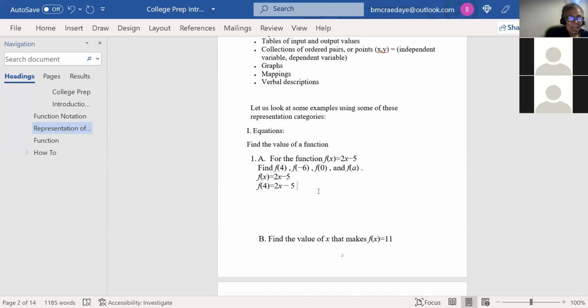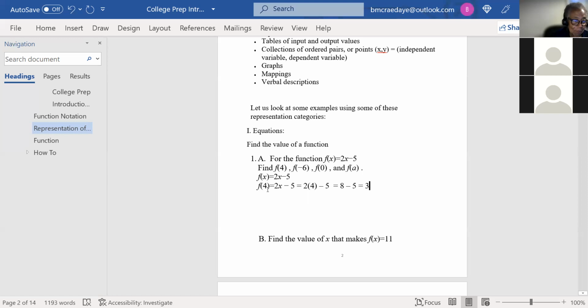Okay, Latoya, explain how you got it. So anywhere you see X, you put a 4 there. So you have the 2 outside, and then you put the 4 where the X is, and you subtract it from 5. You following, Chastity? So you're saying wherever you see an X is a 4? Yeah, you put a 4 there. That's the input. See, f of x, the variable x, 2x minus 5.